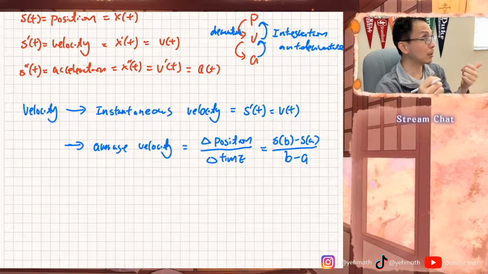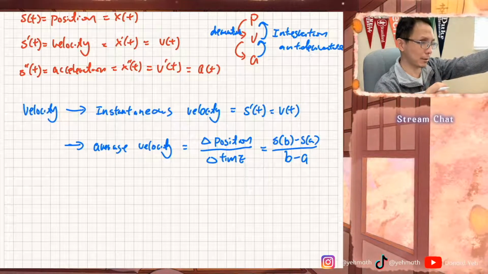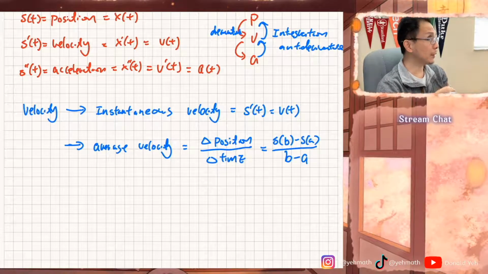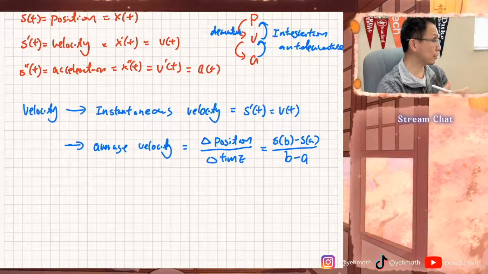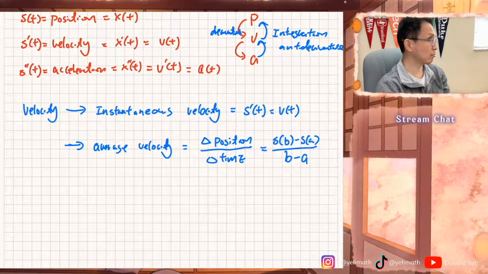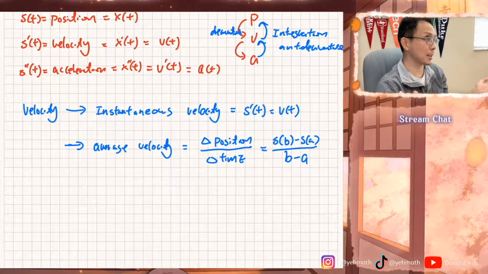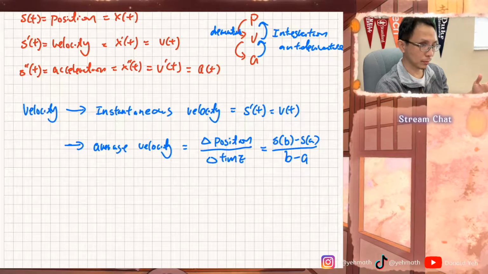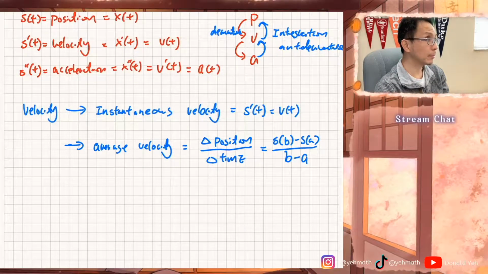So now it turns out there's a second way to talk about this. Remember we talked about average rate of change and the average value, right? What if today I give you a velocity equation and ask you to find the average velocity? I don't have a position equation. I only have a velocity equation. What do you do? What'd you say? Can't you just take the integral and then plug it into the equation?